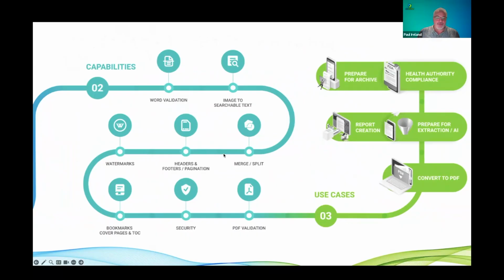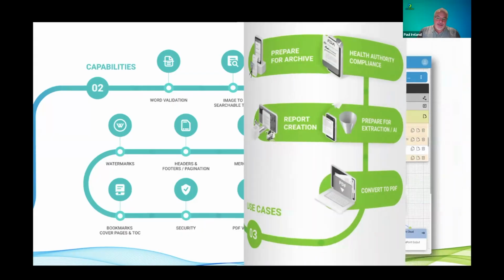Performing the OCR steps and merging, splitting, adding headers, footers, pagination, watermarks, a lot of those things I mentioned that we can automate can all be included in these workflows. You just define in which scenarios, in which cases you want to do what, how do you want to combine them together. And that's what I'll show you here, is just a few different use cases of different combinations of these elements that can be performed automatically by the rendering platform.